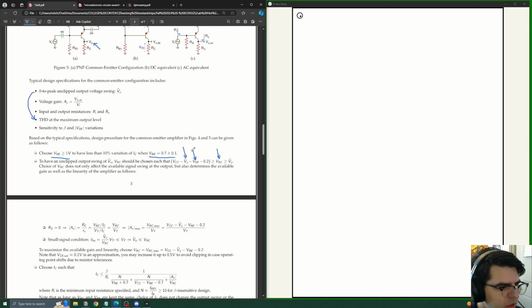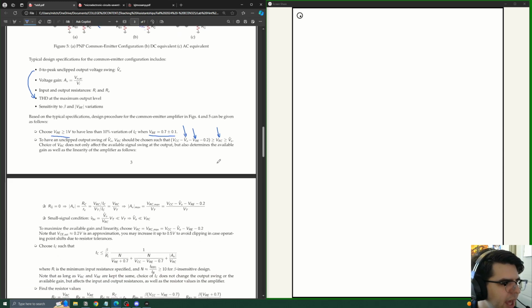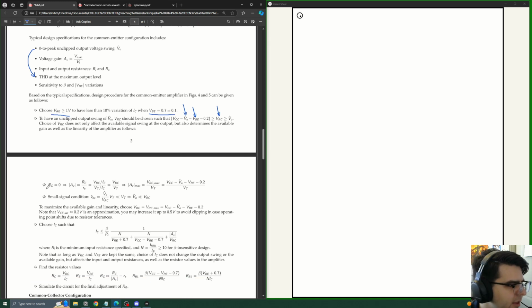So you're going to be given an equality for VRC, which you'll be influenced to pick, because they say let's just keep RG as 0 because that maximizes the gain equation, leading to this expression right here. So just pick the maximum value for VRC that you can, to maximize your gain.